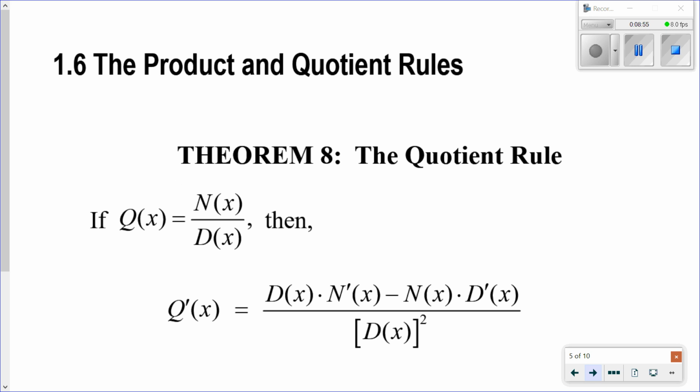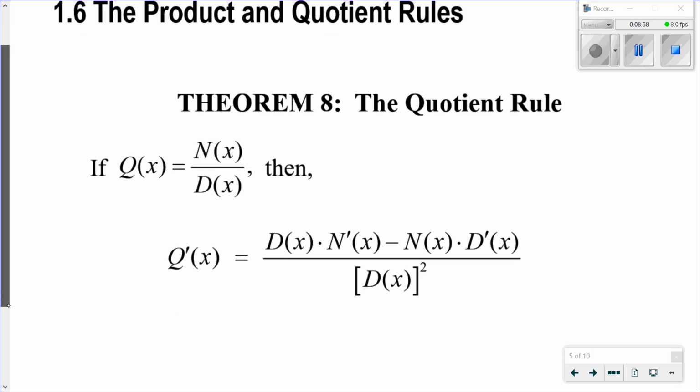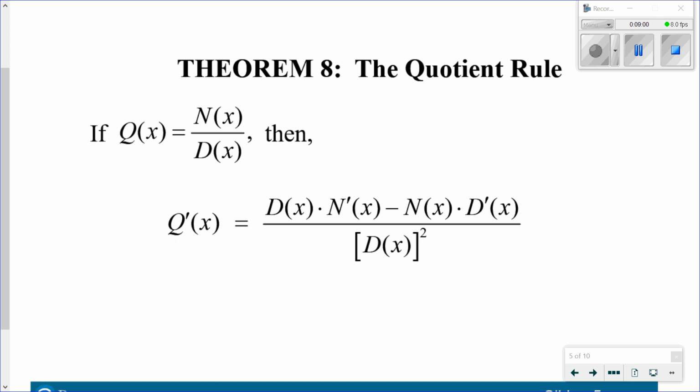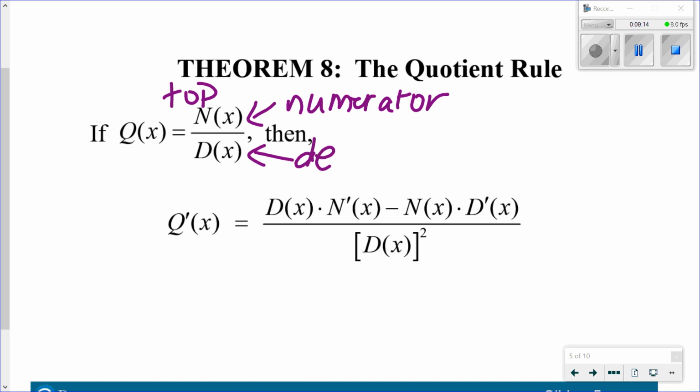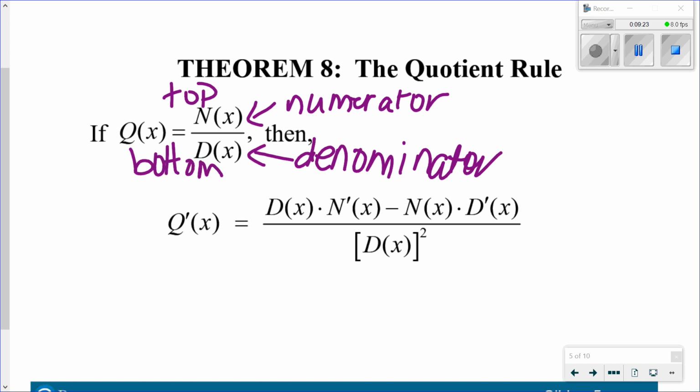So the next one is called the quotient rule. Okay, so you have a fraction this time. So you've got a numerator to your fraction, otherwise known as top, and a denominator, otherwise known as bottom. Okay, now it's very, very important that you do this in the proper order.